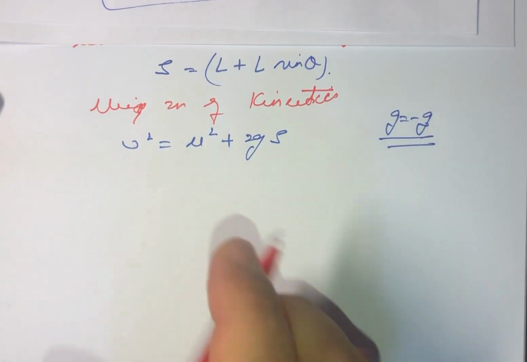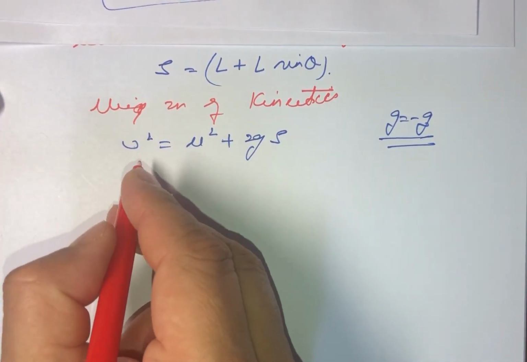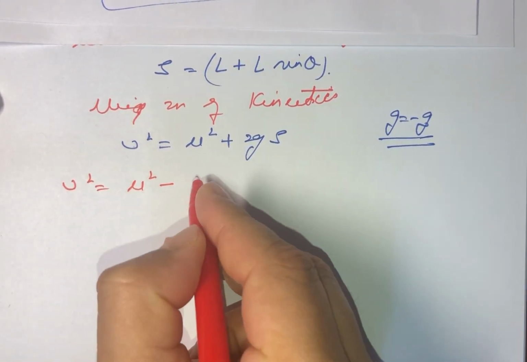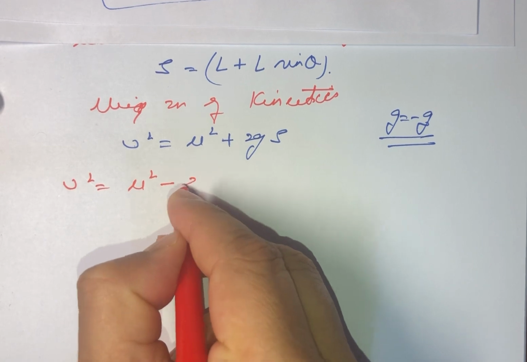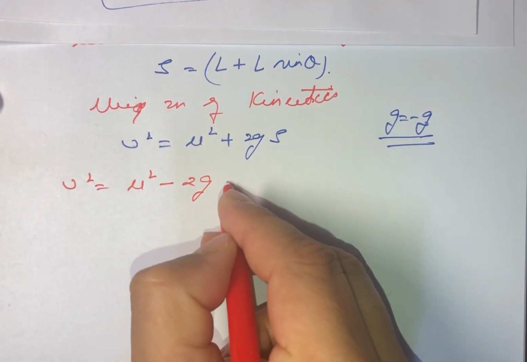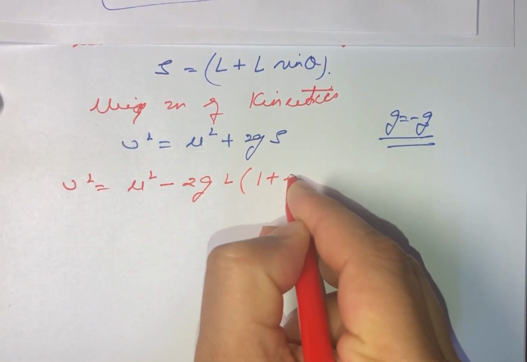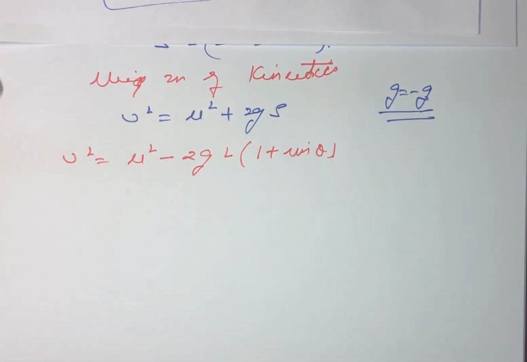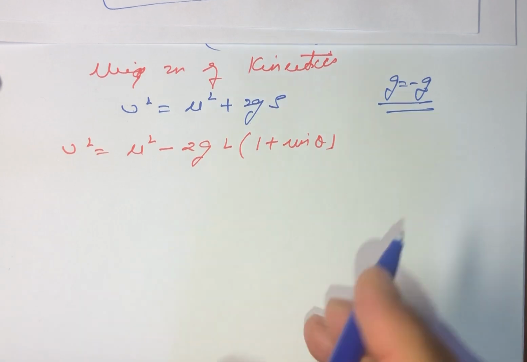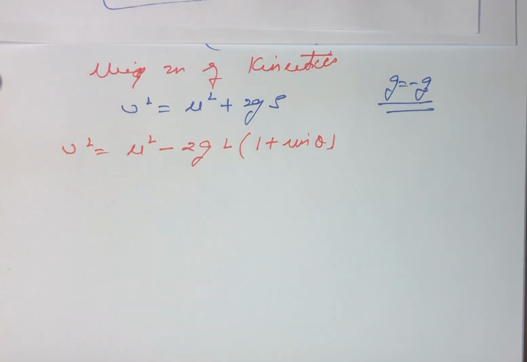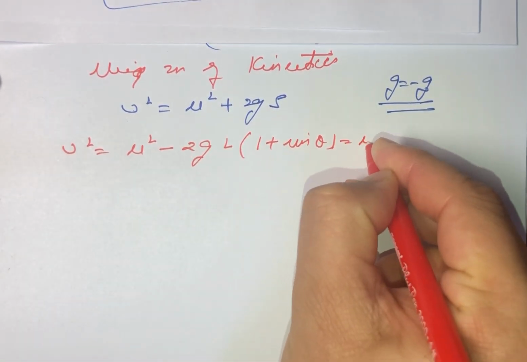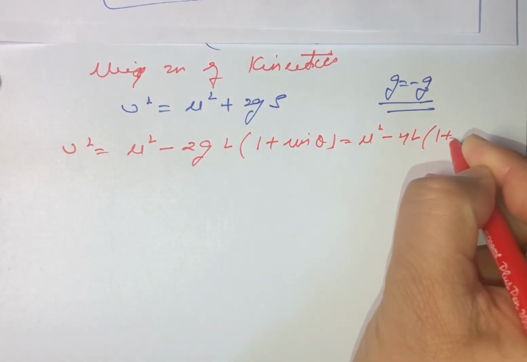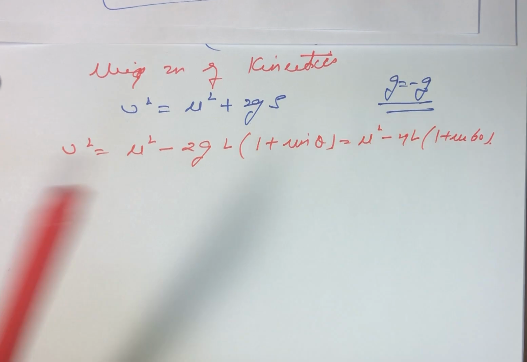So we substitute the value, we get v square is equal to u square minus 2g, this becomes L times 1 plus sine of theta, and we already know the value of theta, so we can write this as u square minus 2gL times 1 plus sine of 60.